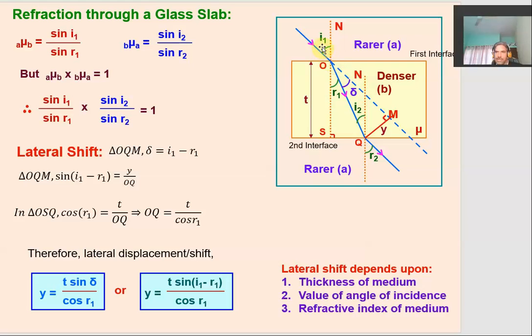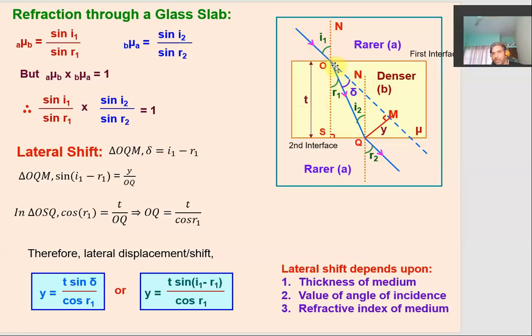These two lines are intersecting at point O. So if this angle is I1, this should also be equal to I1, out of which this angle is R1. Therefore the remaining angle will be I1 minus R1. So this delta is nothing but I1 minus R1.